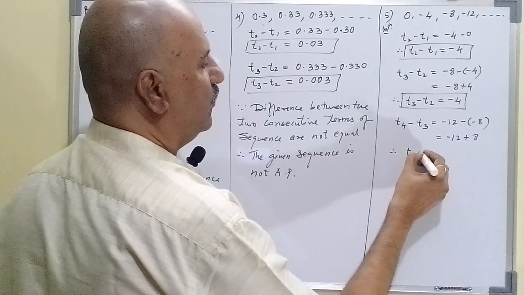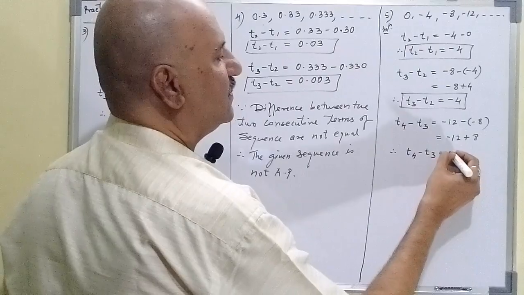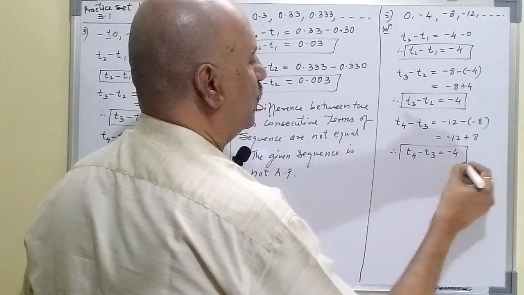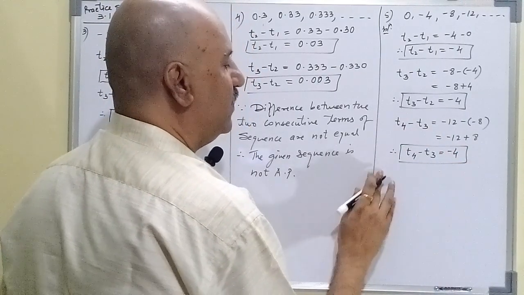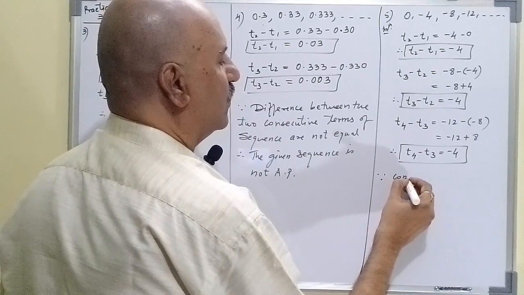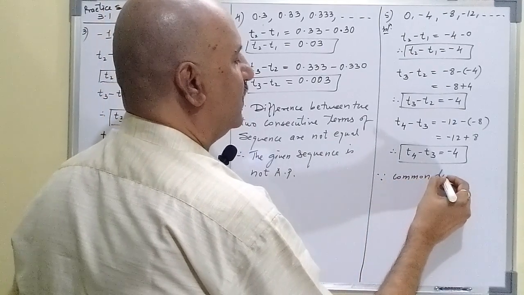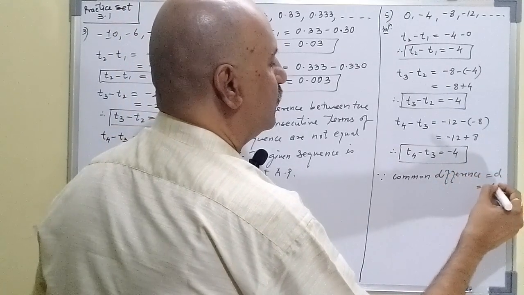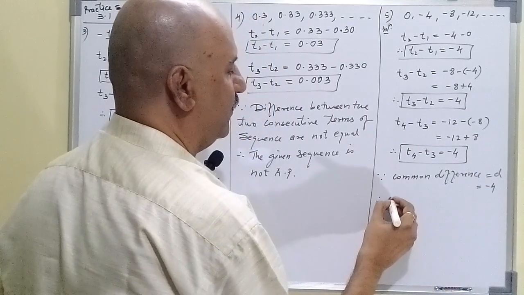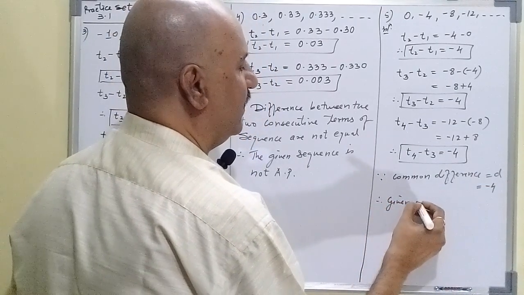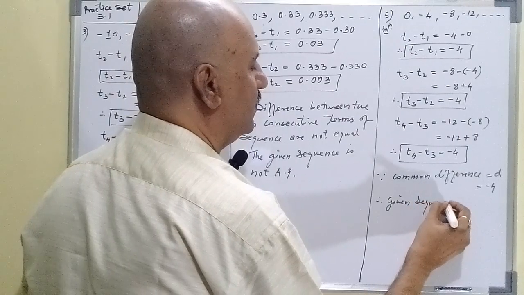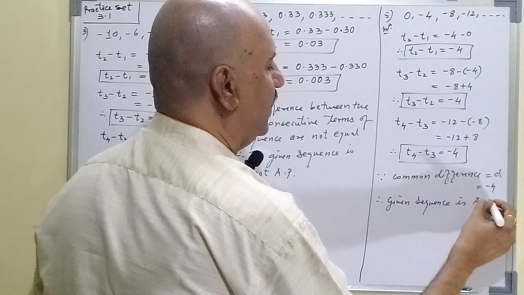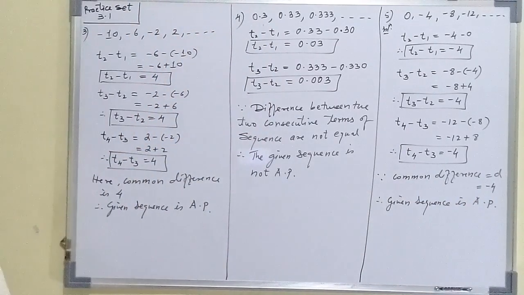Therefore T4 minus T3 is -4. Therefore, since common difference D is equal to -4, the given sequence is AP. Let's erase this now and go to the next question.